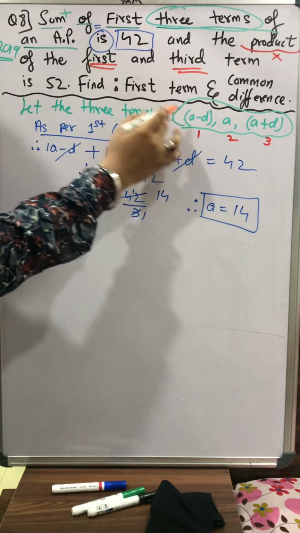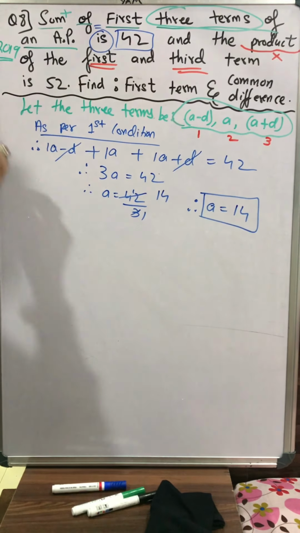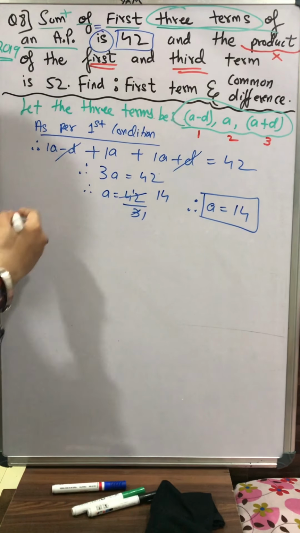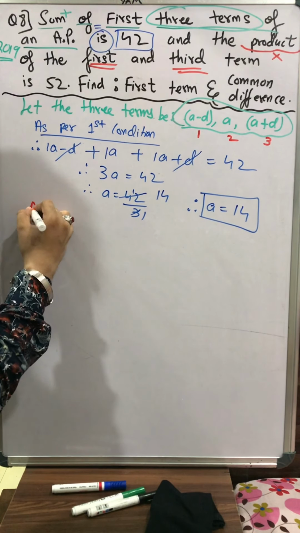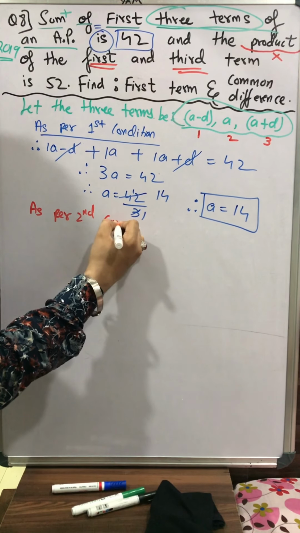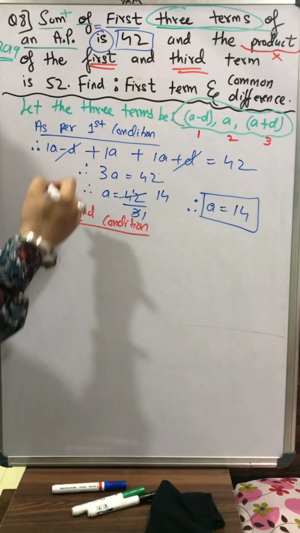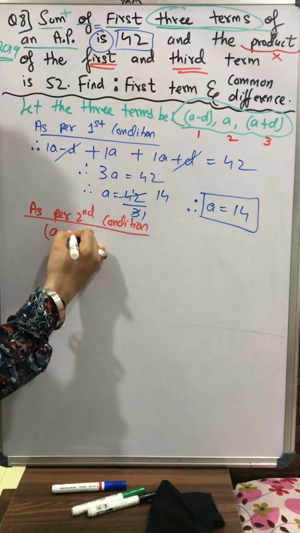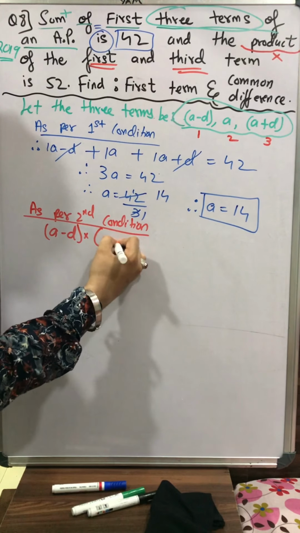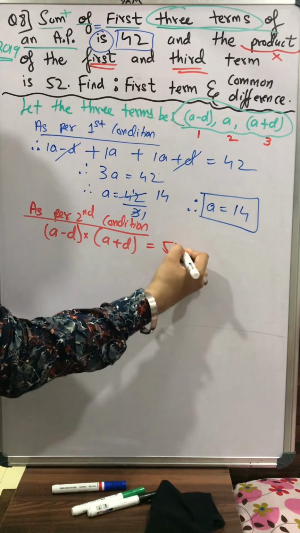The product of the first term a minus d and the third term a plus d is 52. We will not take the second term. So as per the second condition, the product of a minus d multiplied with a plus d, our third term, is 52.